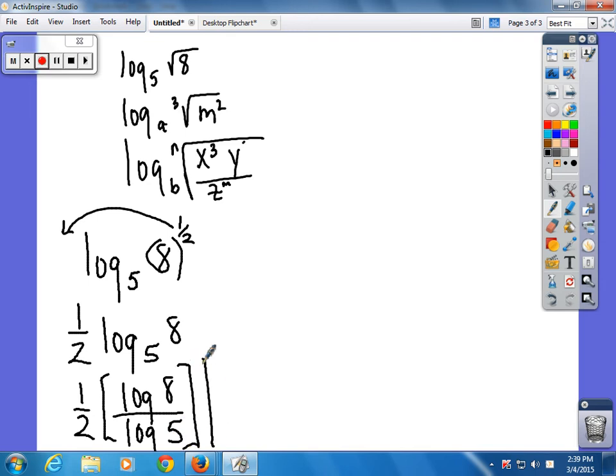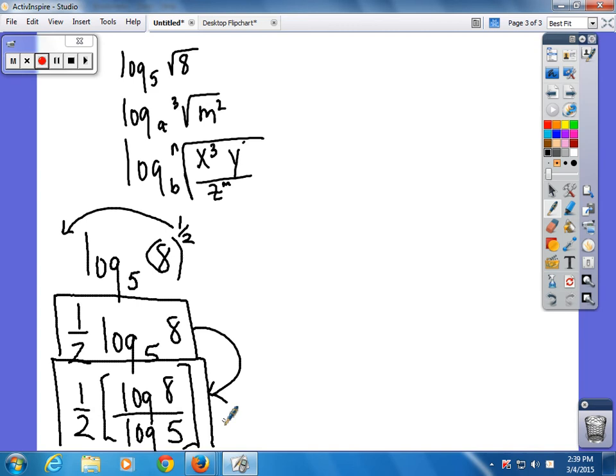Now, I don't know if they have shown you the change base formula, so either one of these answers could be correct depending on what part of the book we're in. This is written in the expanded form, and this is change base. So I don't think change base is until the next section. So that's probably going to be what they have in the example.